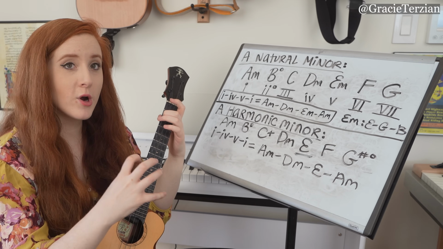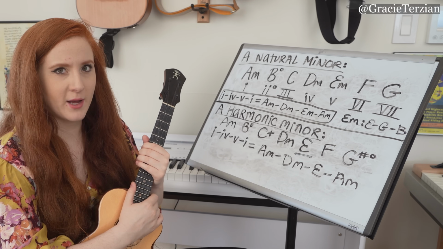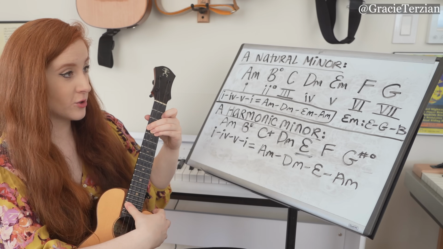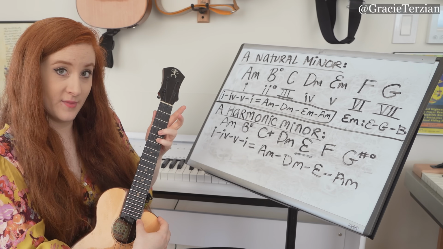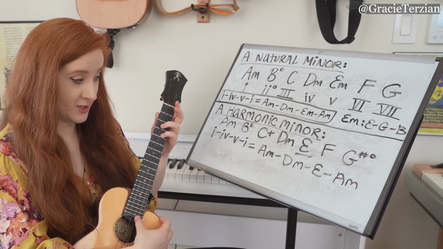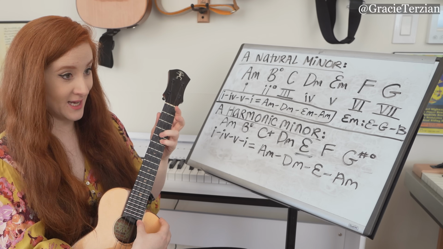That's just an even more powerful push to resolve back home to the tonic. And that's because in that E major chord, we have that G sharp, which resolves up to A a half step away. It's that leading tone note of G sharp going to A, okay?